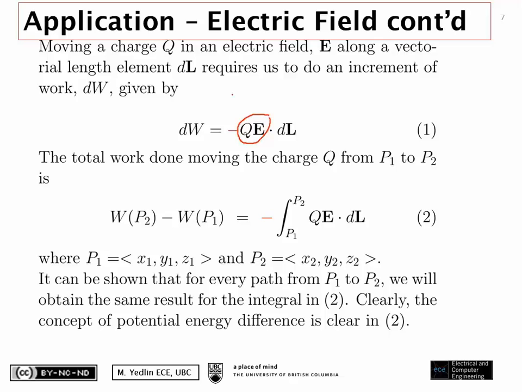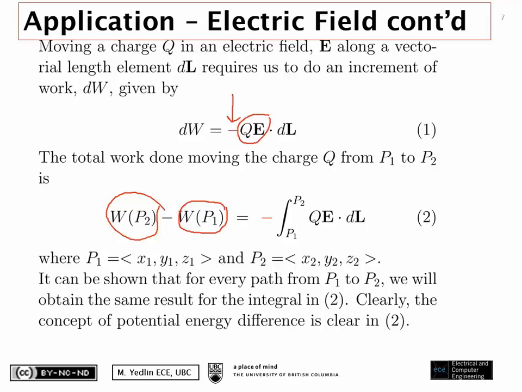And again, don't forget, this is the last time I'll say it, we have this minus sign here in order that we have a consistent result, as we mentioned previously in the gravitational example. To get the total work done, we move the charge from 2 points, P1 to P2, and we get the difference of potential energy between the points P1 and P2.